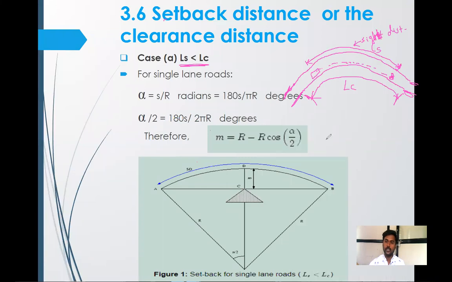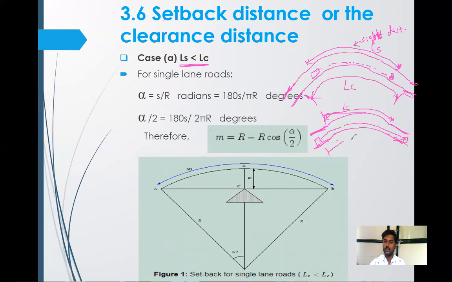Suppose in the second case we have provided only this much curve, so this will be our length of curve. After that we have provided the straight road, our normal road. Suppose our vehicle is here and we see the obstruction here, and this is our side distance.